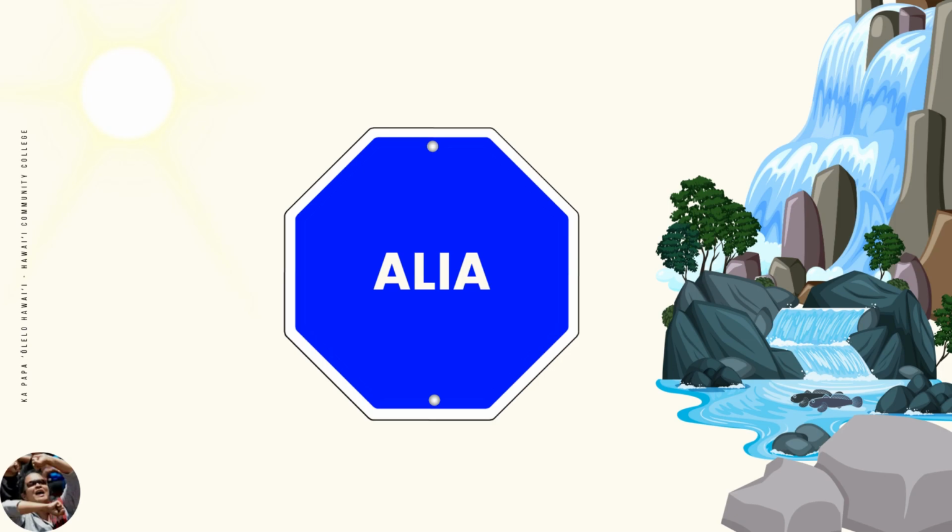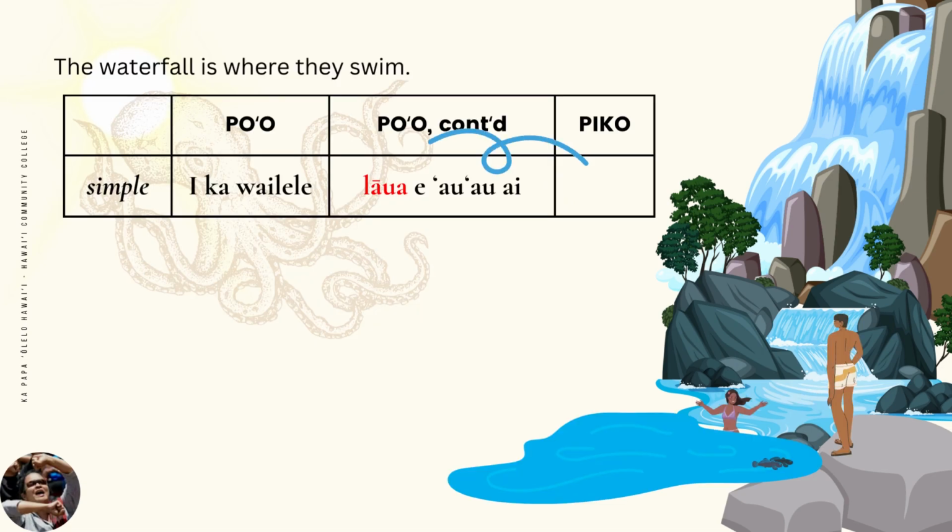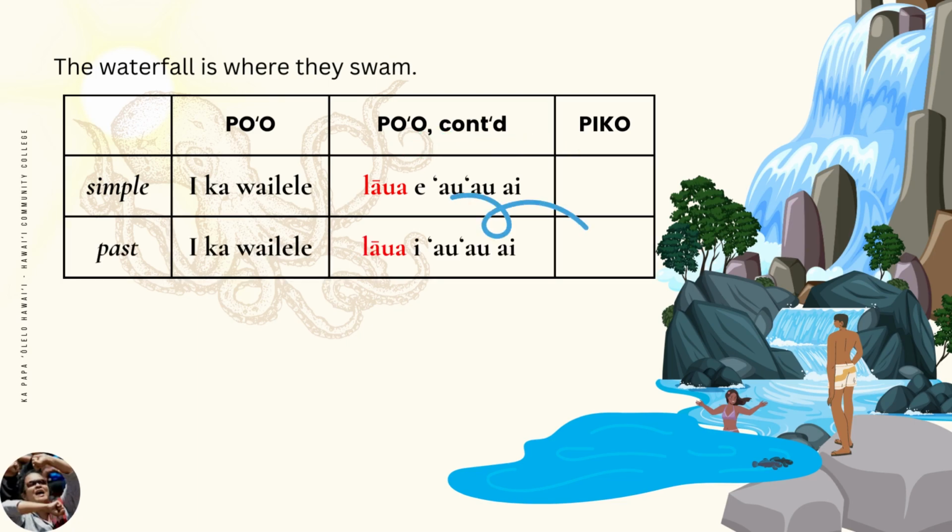Alia, wait a minute. Like a few other pepeke we learned, in this pepeke, if the piko is a papani, the piko will lele I mua. The piko will jump ahead. Let's see some examples. The simple tense, the waterfall is where they two swim, translates to ika lele lawa e auauai.